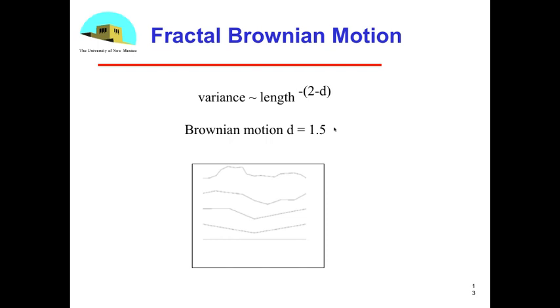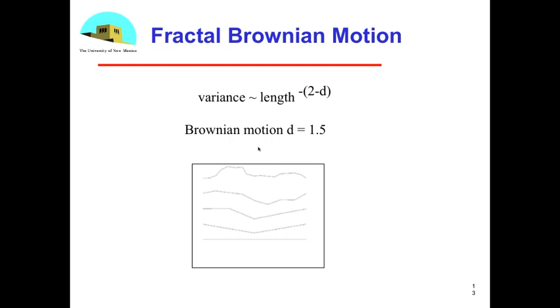If that variable is 1.5, that is halfway between a simple one-dimensional curve and going up to 2 dimensions, that gives you what's exactly Brownian motion in the sense that physicists study Brownian motion. Brownian motion is the random movement of particles, for example, in air or in a fluid.